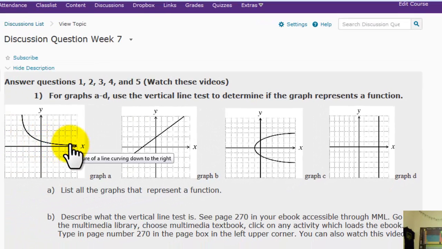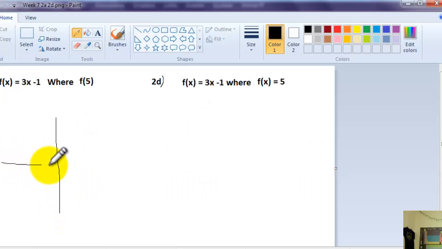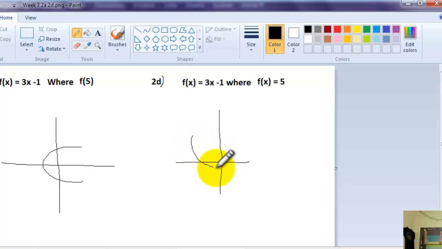Just because it's curved doesn't mean it can't be a function. If you have this, as we saw, it's not a function, but if you have that same shape drawn this way, it is a function. Because for every x value, there's only one y value because the line keeps moving along. This is not vertical.